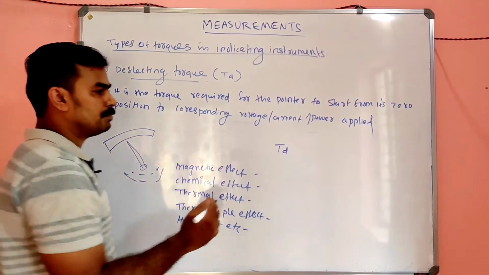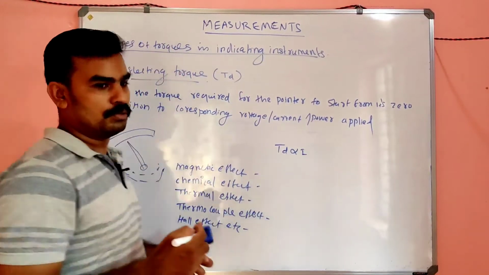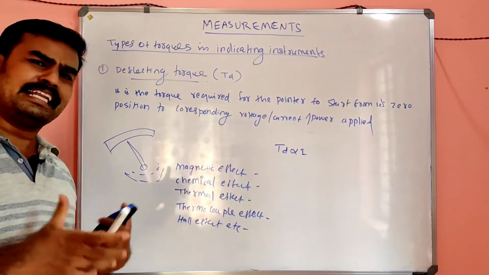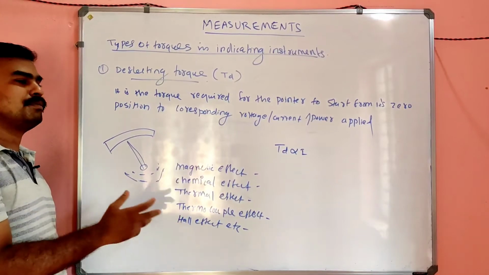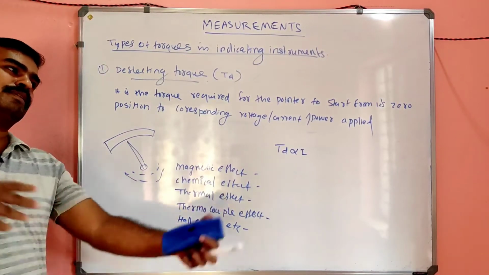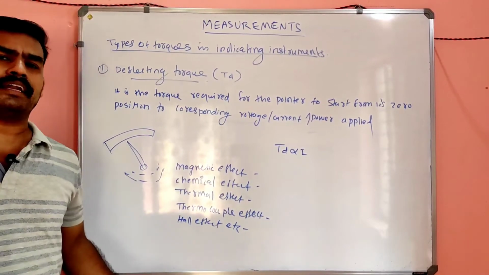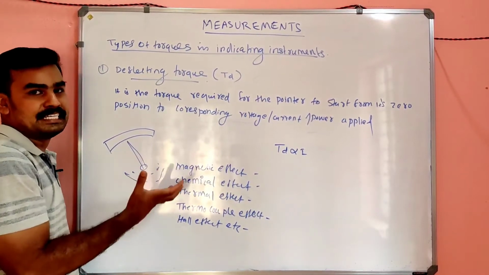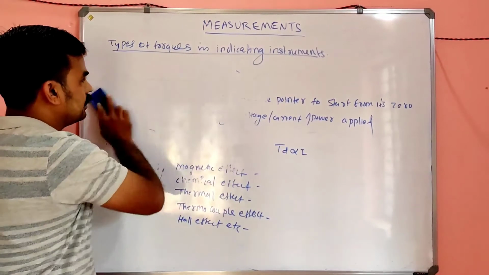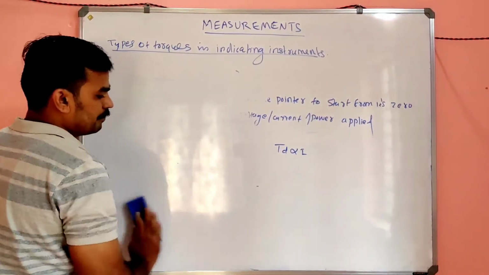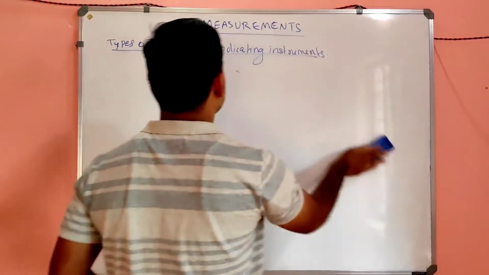Sometimes it may be proportional to current, sometimes to current square, I square, sometimes to power, or any factor you can get. So that is the concept of deflecting torque. Next, controlling torque.